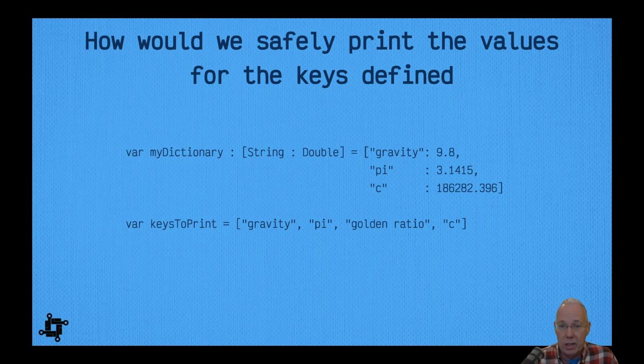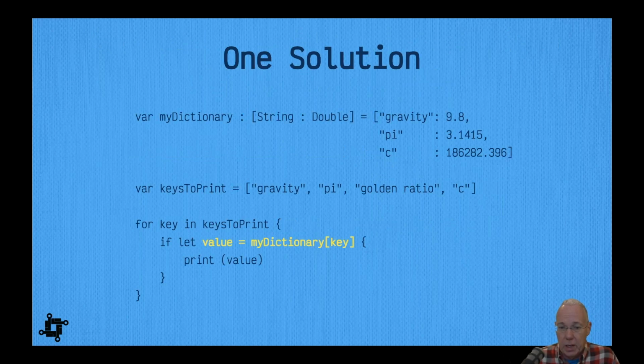And again, I would break into teams and see what we could do. So essentially what we want is we want to see in the printout 9.8, 3.1415, 186,282.396, but I don't want it to crash, right? Because if you try to do this with passing the key into a dictionary and you don't check it, then you are going to crash if you try to print that. So see where people get.